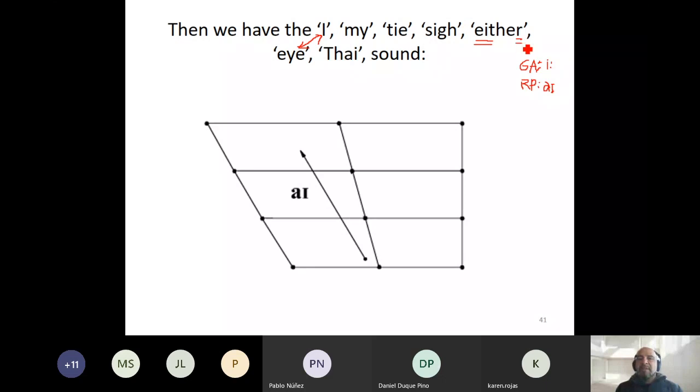Which one would you like, coffee or tea? Either, doesn't matter. Either is fine for me.